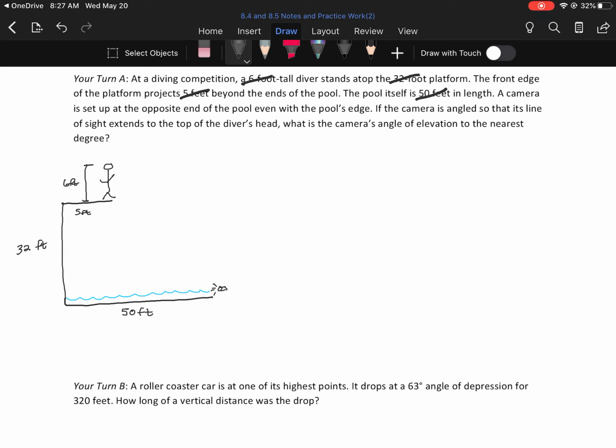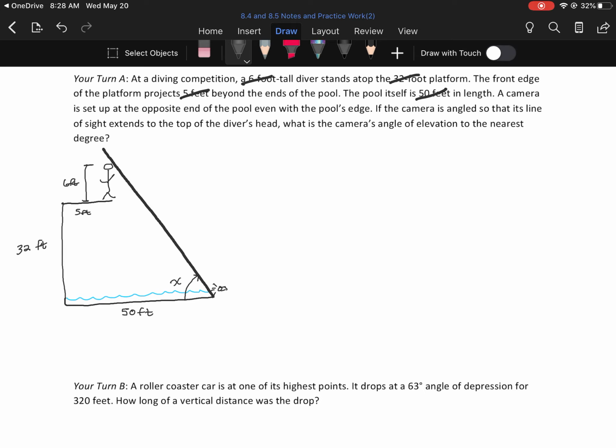The pool itself is 50 feet in length. A camera is set up at the opposite end of the pool. I have my camera. If the camera is angled so that its line of sight extends to the top of the diver's head, so this is where I'm going to make my triangle. So it is extending to the top of the diver's head. There we go. So that we don't know because that's what we're trying to find. So elevation goes up. So we start at the bottom and go up. That is X. All right, I think we have everything we need here.